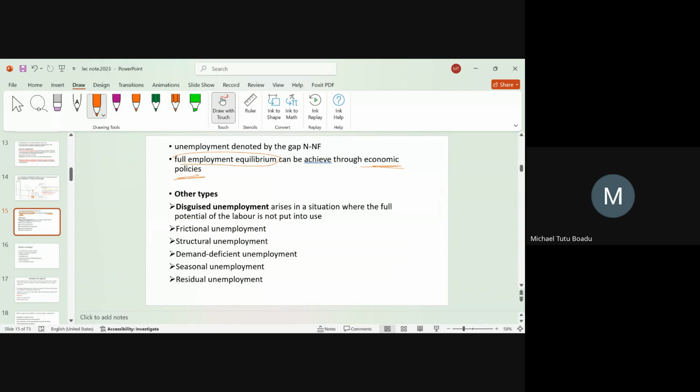So the unemployment issue cannot be solved by only government, but government policies can help solve unemployment issues. If government is encouraging the private sector to employ more or to help government absorb the excess labor force, then government must also put policies in place, both fiscal and monetary policies, as well as tax policies.